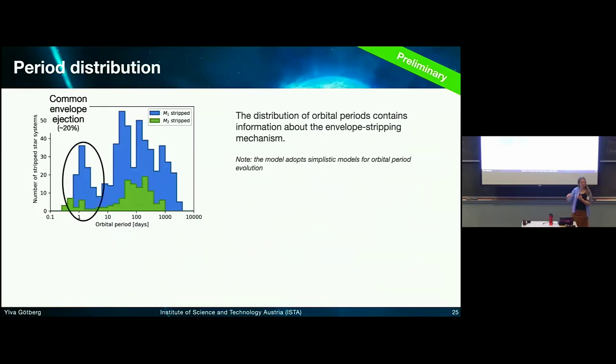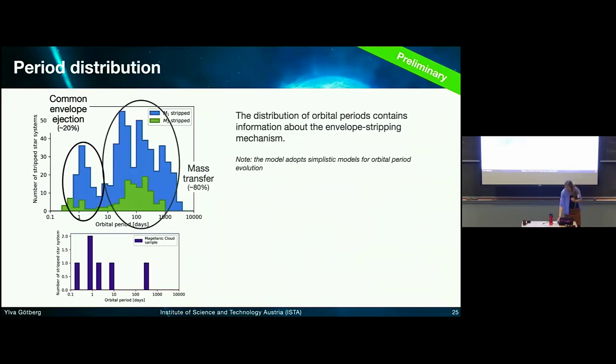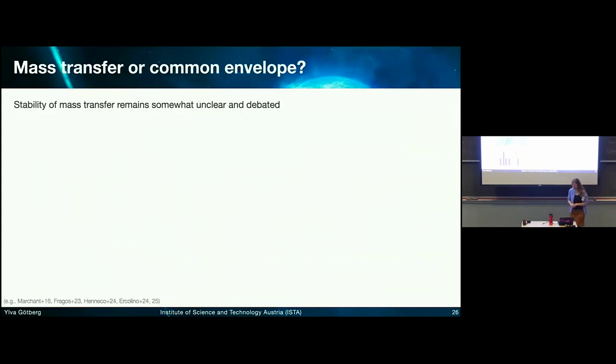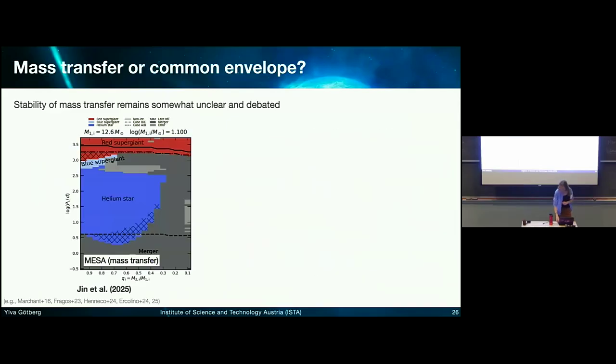The short period here is common envelope ejection, about 20%, and the longer periods, between 10 and several thousand days, is the mass transfer. To actually compare with data here, we can conclude that we don't have enough data. And I think that I'm over time, so I'm going to skip this.